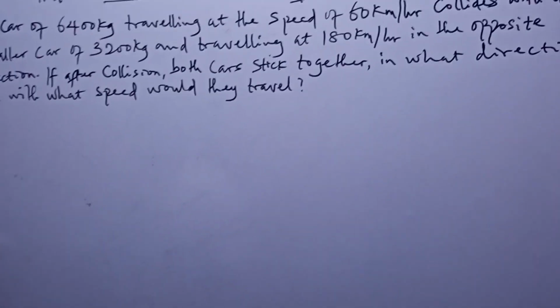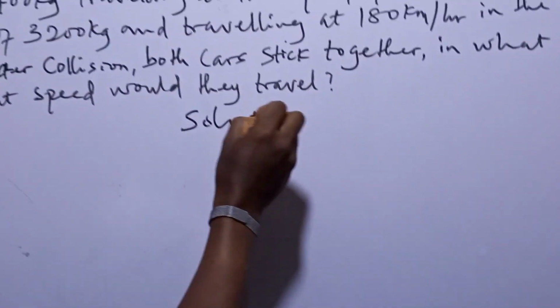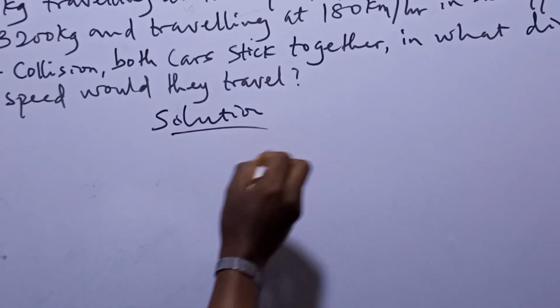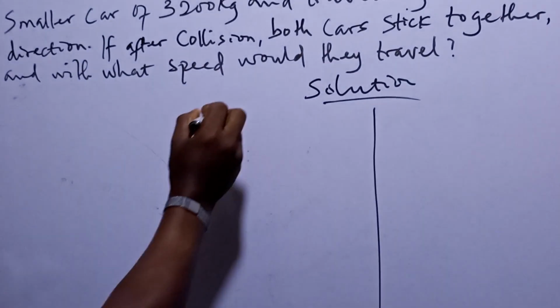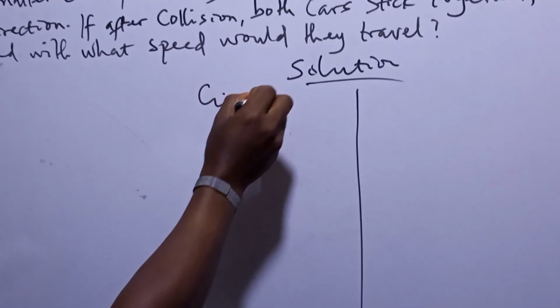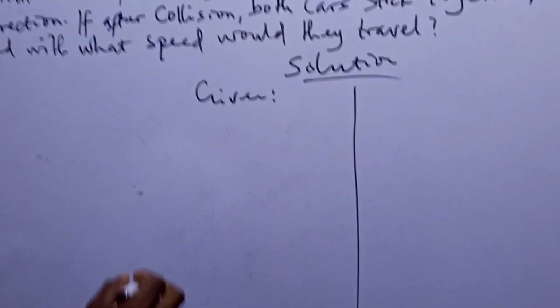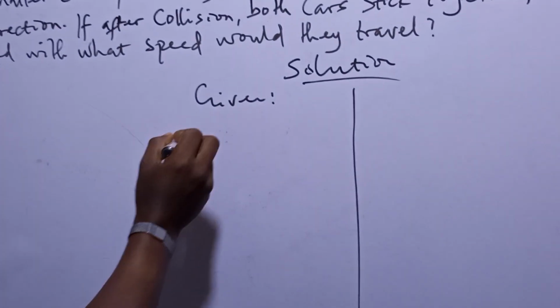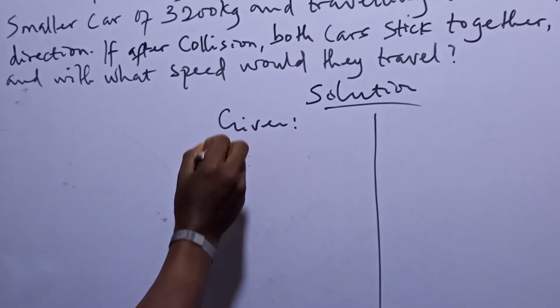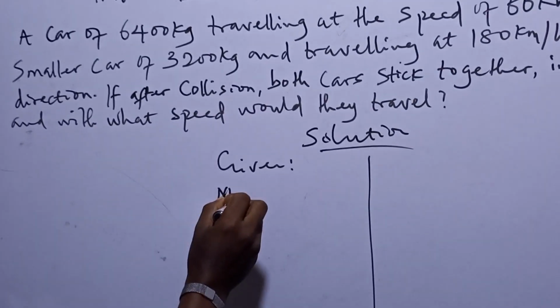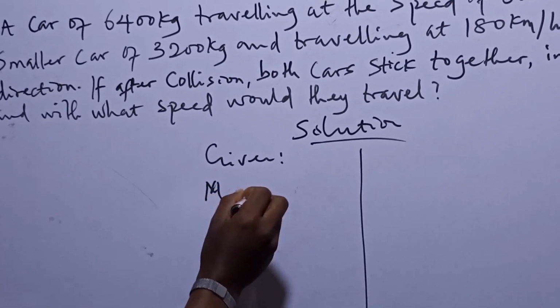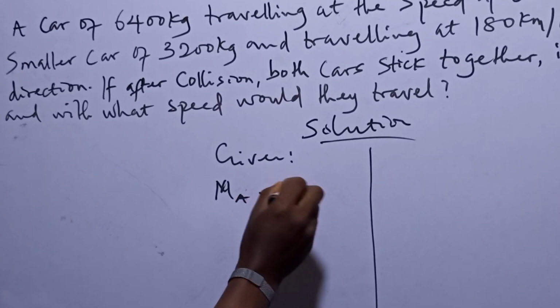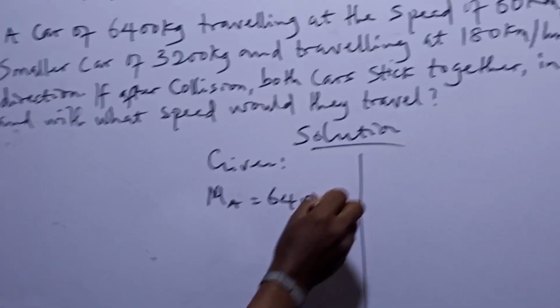Let's see how this goes. Solution. We usually divide the board in two. And let's see what we are given. Let's represent the two cars by A and B. We have that mass of A is equal to 6,400 kilograms, given.